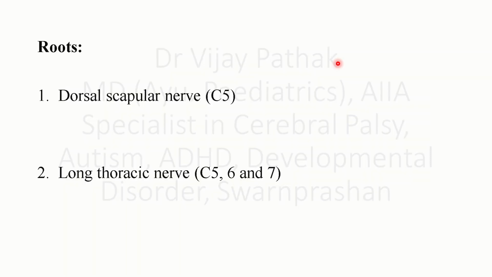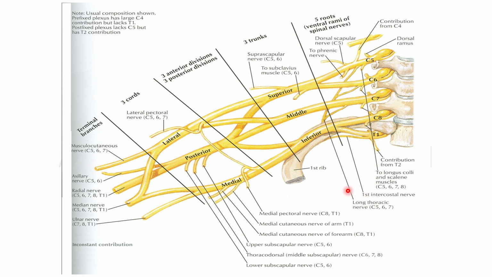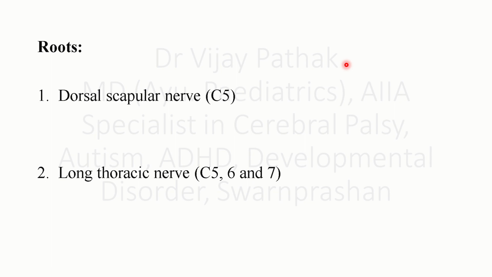And like that the long thoracic nerve, from C5, C6 and C7. So these are some branches of the brachial plexus that directly originate from the roots.